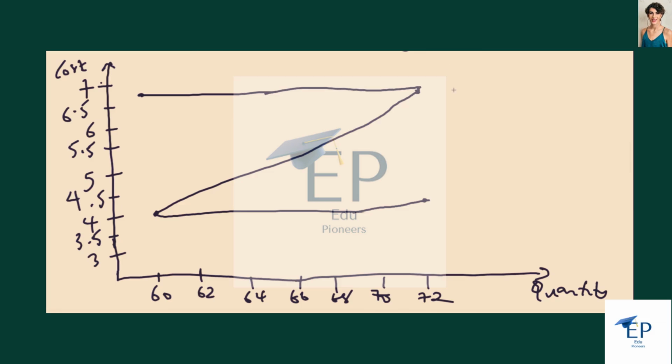And this should be curved somewhat. So this is the marginal cost. This is the average total cost. This is the average variable cost.